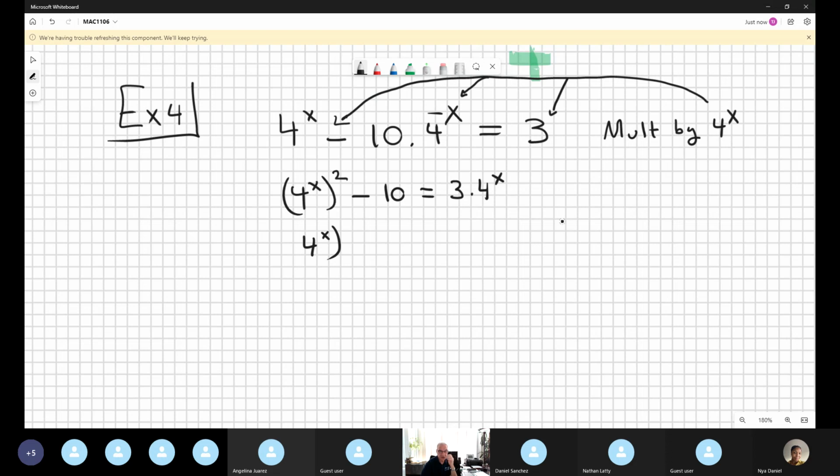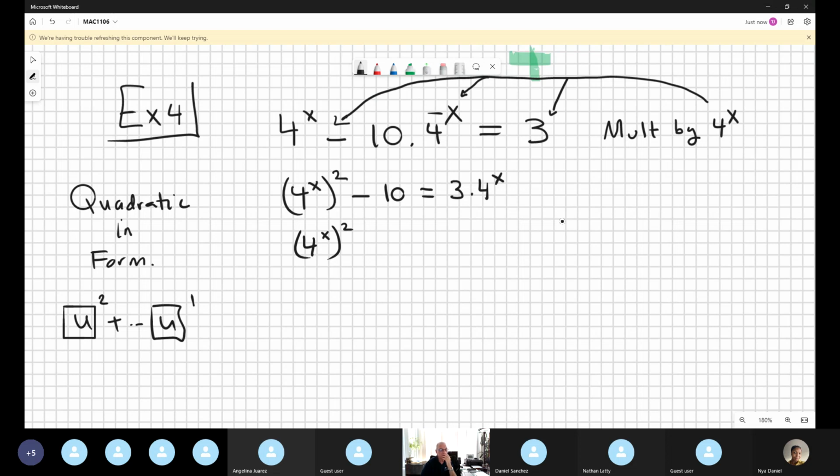Leave it like that. Square. But I realize this is similar to a quadratic. Remember, in the first chapter we studied an equation with one expression squared and another expression not squared, and you call it u.